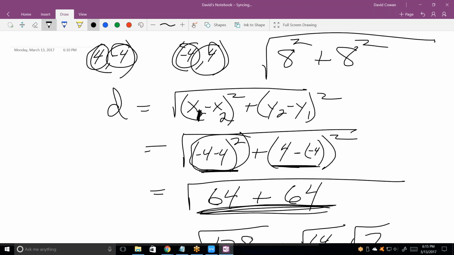But just to let you know that when you're doing the distance formula, you can go either way if it's more convenient. A lot of times it's more convenient to do 4 minus 2 than 2 minus 4. 2 minus 4 gives you a negative number. 4 minus 2 gives you a positive number. Well, with the distance formula, you don't care whether it's positive or negative. You're going to square it anyway.